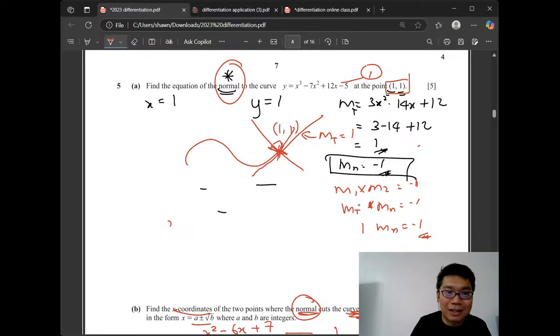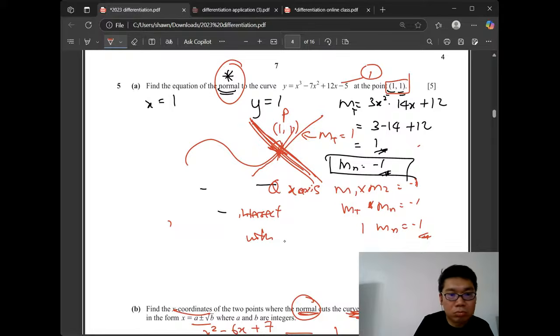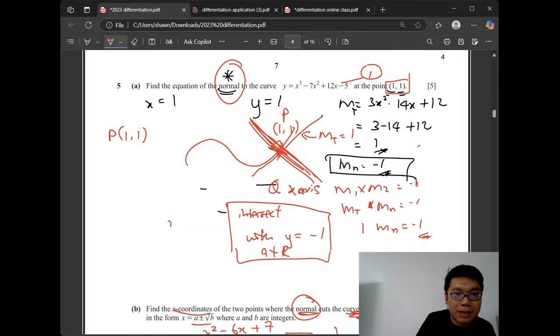Okay, let's say after this line, they say this normal will cut through the x-axis at point, let's say Q. So this is my P, and then let's say they add one more piece of info: it will intersect with y equals -1 at R. So we already know P is 1, 1, and Q is at the x-axis.